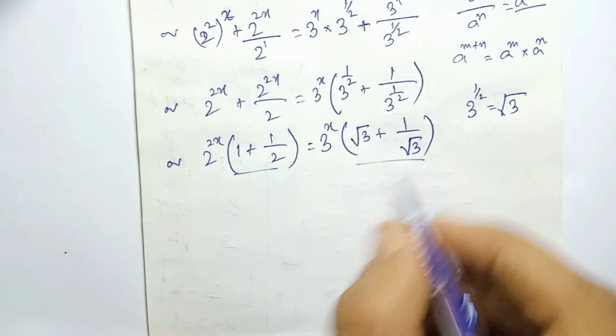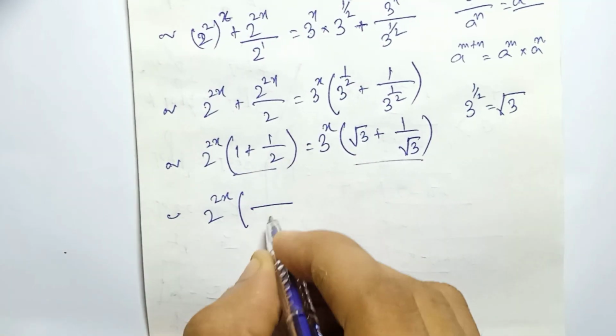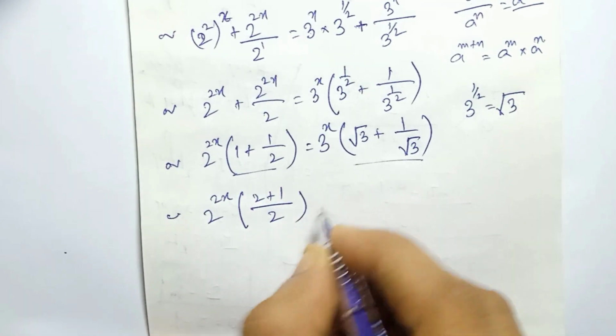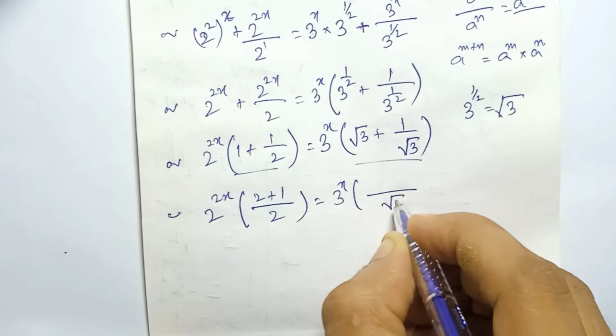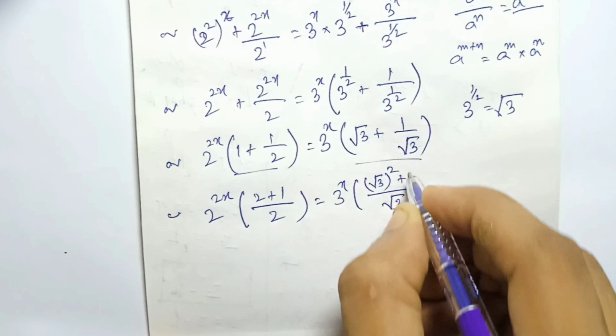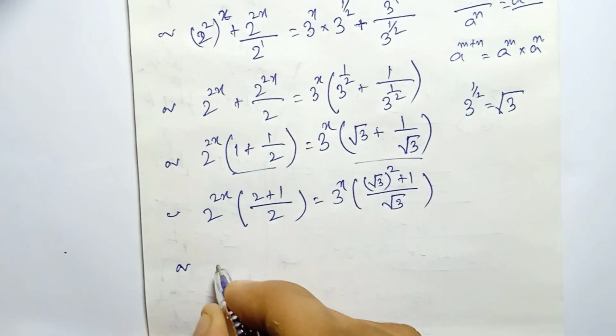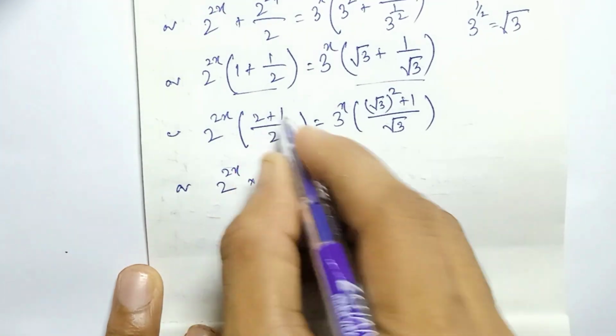Take LCM for these two. 2 to the power 2x, LCM is 2, so here 2 plus 1. Here 3 to the power x, LCM is root 3, so here is root 3 square plus 1. So 2 to the power 2x, here 2 plus 1 is 3/2.